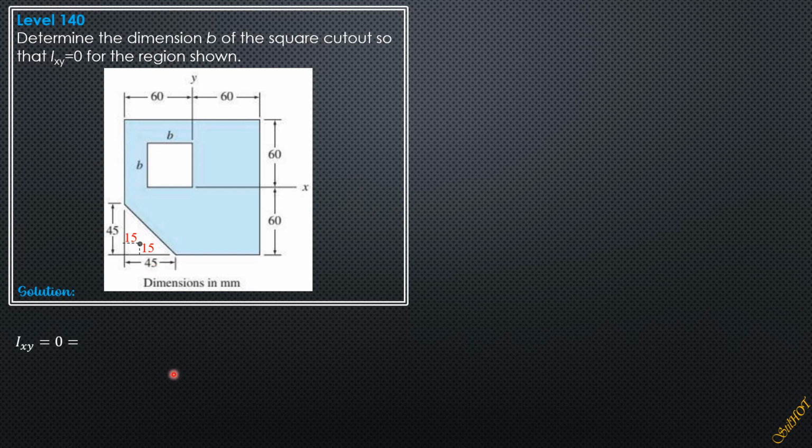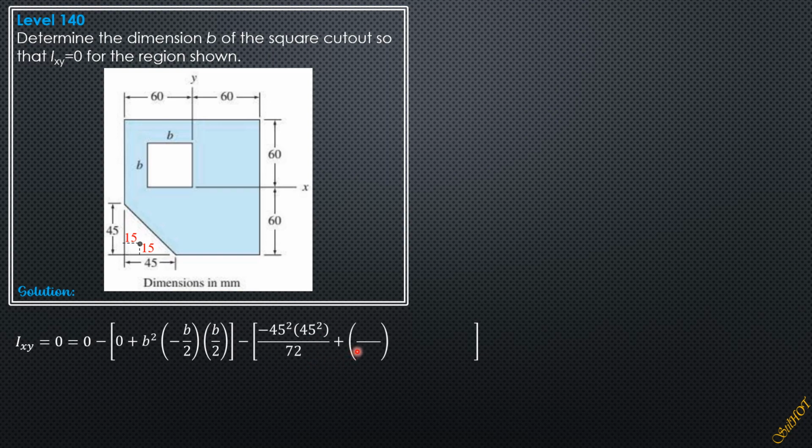So Ixy equals 0 for the rectangle. Then minus for the square with respect to the centroid 0, area of square b square, x bar is negative b over 2, y bar is positive b over 2. Then minus for this cutout triangle with respect to the centroid, negative 45 square, 45 square over 72, plus area 1 half of 45, 45, so 45 square over 2.